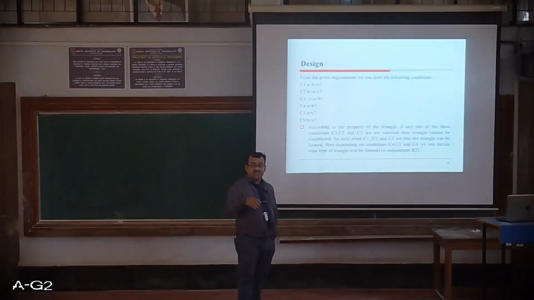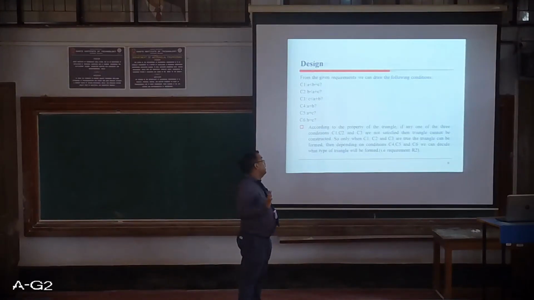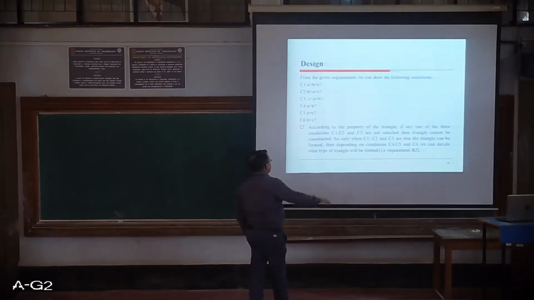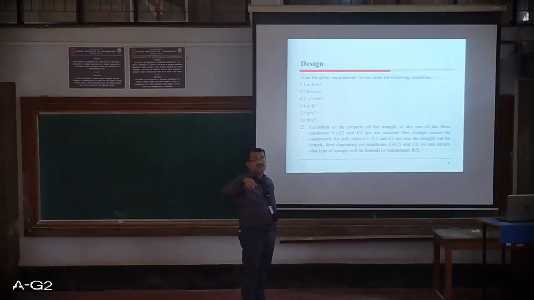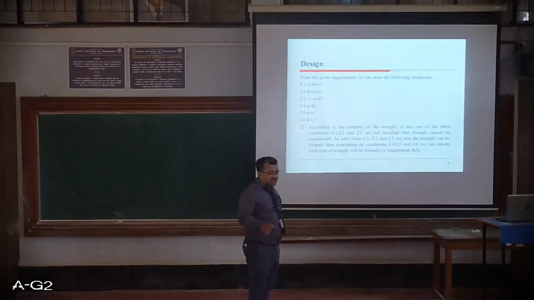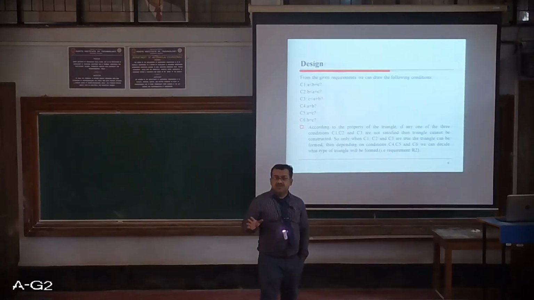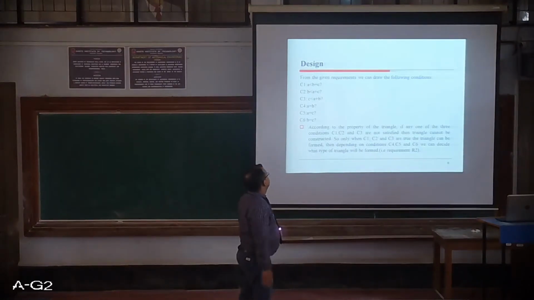But if that condition is false, then the triangle cannot be formed. That means if B is equal to A plus C or B is greater than A plus C, then the triangle cannot be formed. Similarly, the third condition is the same thing, that is, C should be less than A plus B. If all the three conditions are true, then only the triangle can be formed.